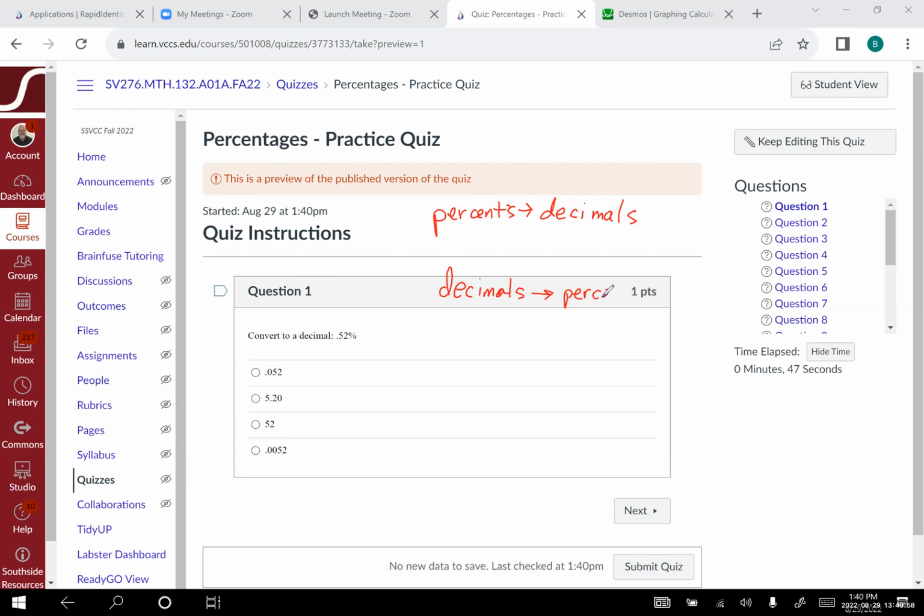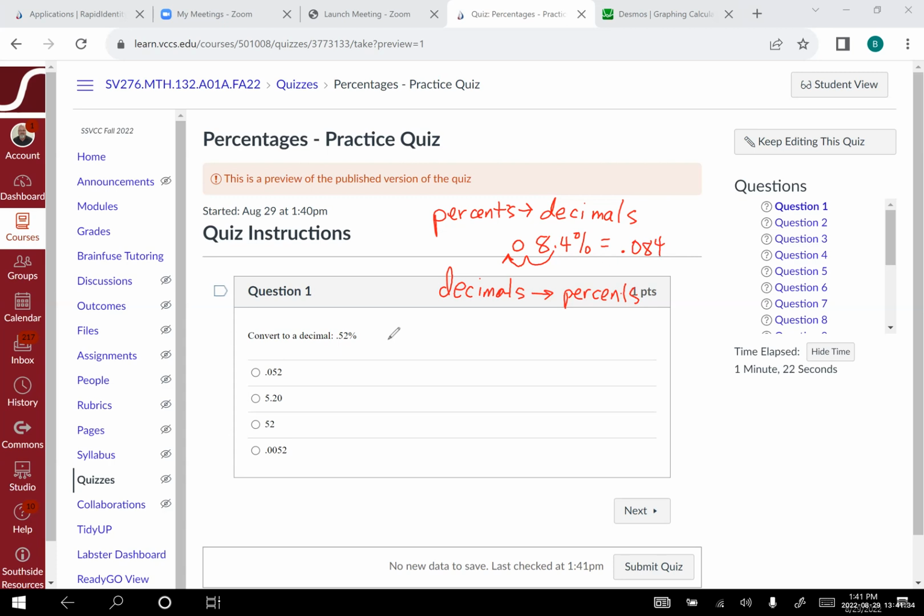It's really just about moving the decimal place. If I'm given something like 8.4% and I want to change it to a decimal, I move my decimal 2 spots to the left. If there's no number there, I fill in with zeros. So that would become 0.084 as a decimal, starting from a percent.